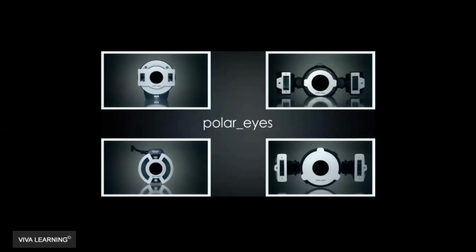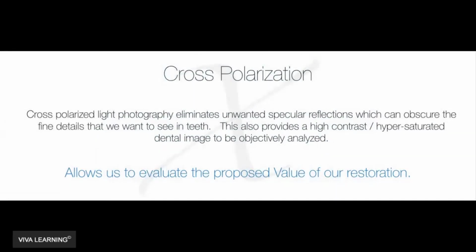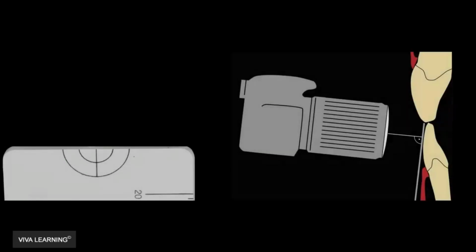The other thing is you'll need a polarized filter for your camera, and the polarized basically eliminates the specular reflections. And that can obscure these fine details if you have too much in the way of glare and flash. And so what you do is you put this card up almost 90 degrees to the tooth, okay, in the mouth, and then you take a picture, a photograph.